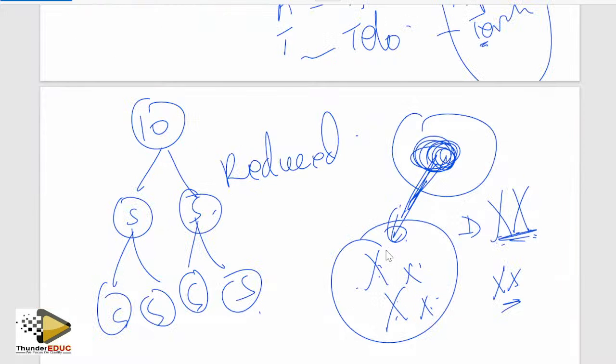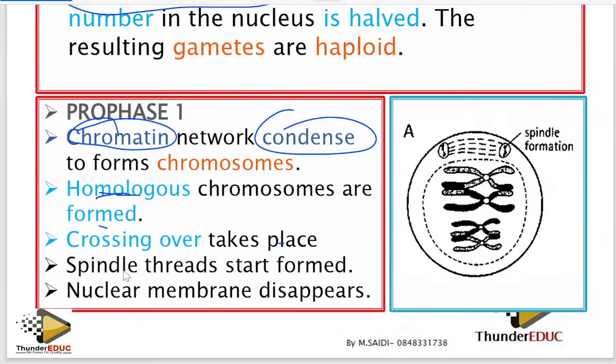So basically here, what happens is one chromosome and another chromosome cross over at a point called chiasma. So chiasma, this is the point, and what happens there is crossing over. When crossing over takes place, you experience exchange of genetic material.